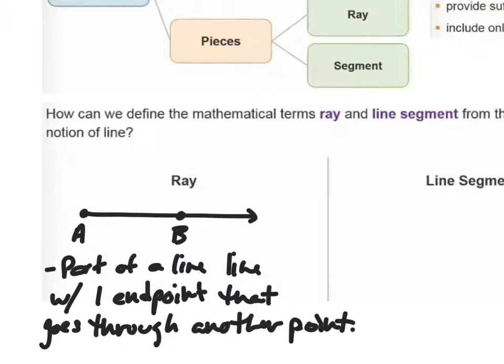I would name this ray AB, with capital letters AB and a line going across it. When we name it, and by the picture, the A is the endpoint, the part that goes underneath that point.